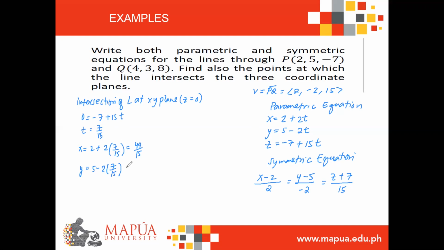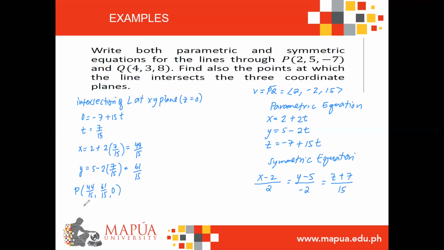That will give you 61 over 15. So therefore, the intersection of your line L at the xy plane, when z is 0, the point is at x is 44 over 15, y is 61 over 15, and z is equal to 0.